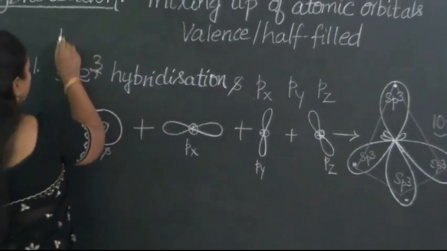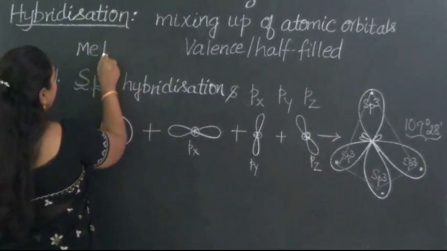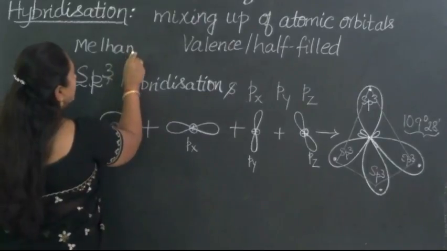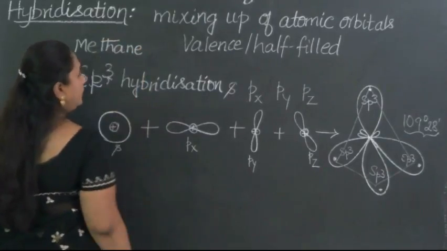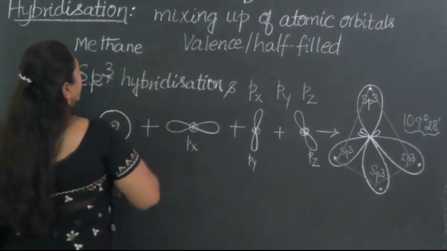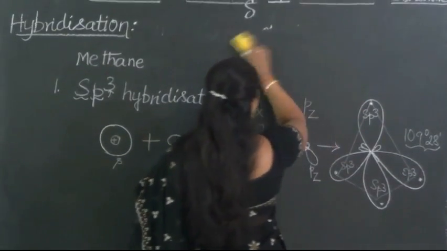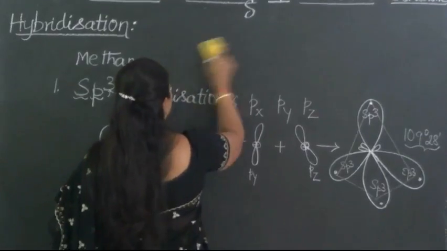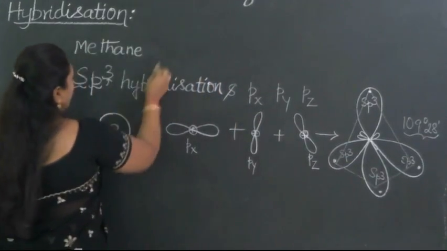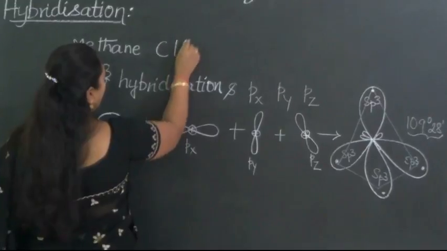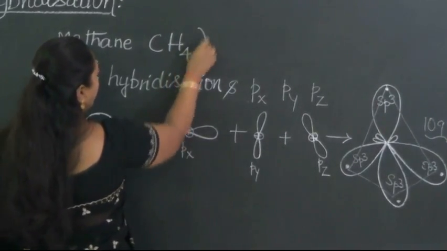Example case is methane. We are going to study about the formation of methane. And what is the molecular formula of methane? As we know, methane is the first member of alkane. Its molecular formula is CH4.